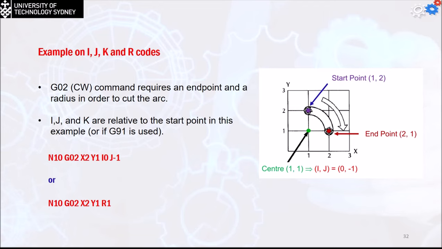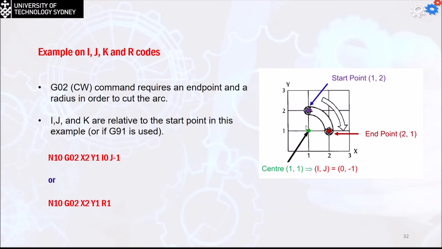Now, why do we use I equal to 0 and J equal to -1? If my start point is 1 and 2, from this point we have to go at the same value for X. It's not going to change, and the Y value is going to be incrementally -1 from the origin point.